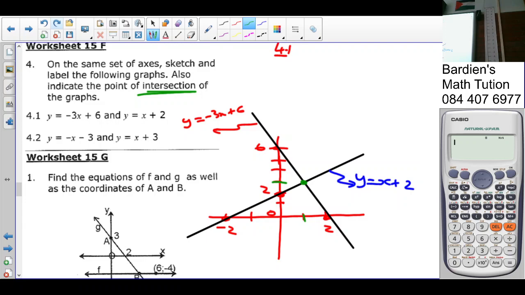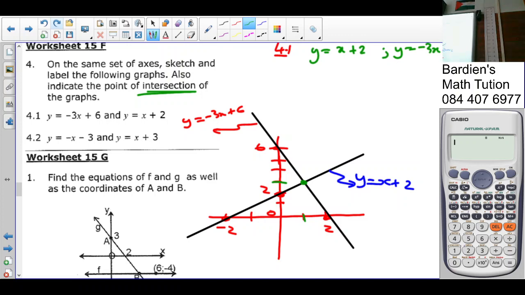We've done it in first term, and you were tested on it as well. We do simultaneous equations. You guys remember? So how do we work this out? One equation is y is equal to x plus 2, and the other equation is y is equal to minus 3x plus 6.